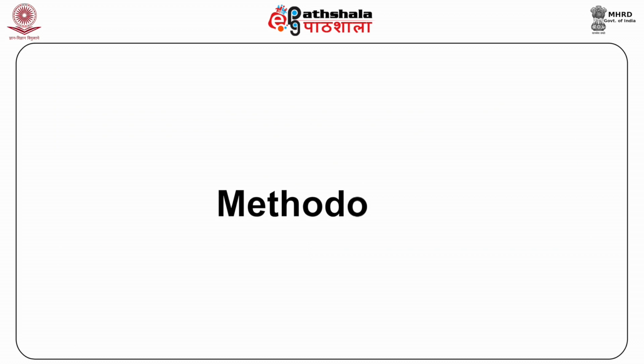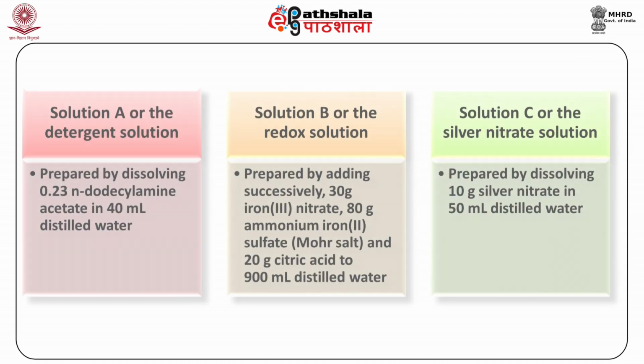Dear student, here we'll see the methodology in detail. The following three solutions are required for detecting fingerprints by the physical developer method. Number 1, solution A or the detergent solution. It is prepared by dissolving 0.23 gram N-dodecylamine acetate in 40 ml distilled water.